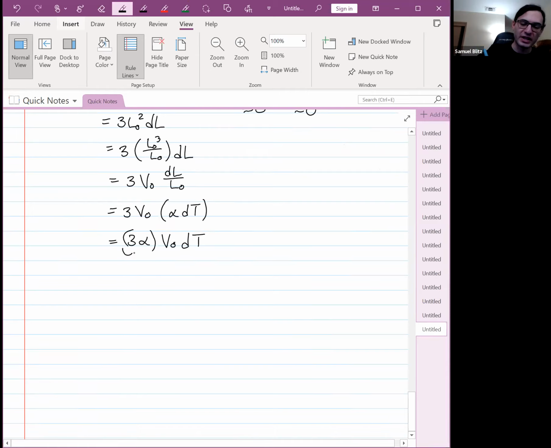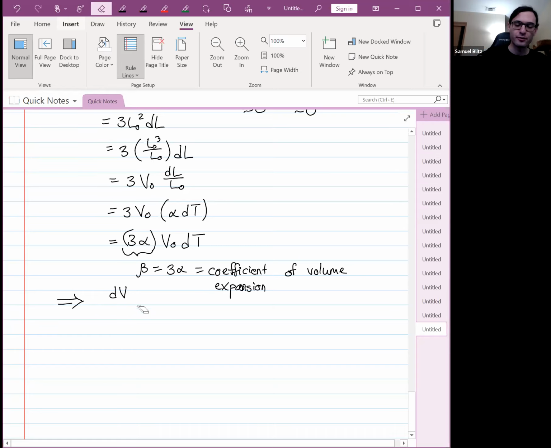And then we call this thing, 3 alpha, beta, which is the coefficient of volume expansion. It's just 3 times the coefficient of linear expansion, but it's a useful number to keep track of. And so that leaves us with our formula for how the volume changes: dV over V naught, the ratio of the volume change, is equal to beta dT.